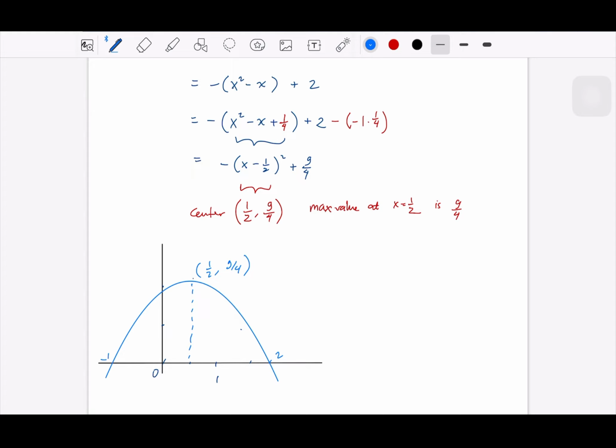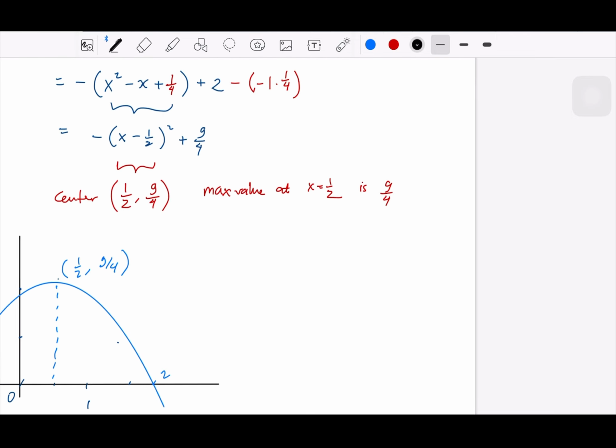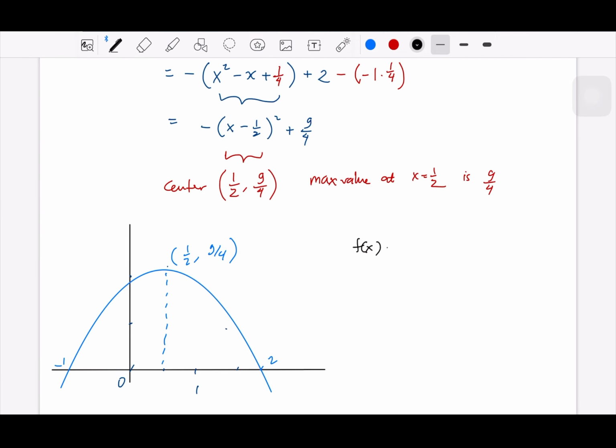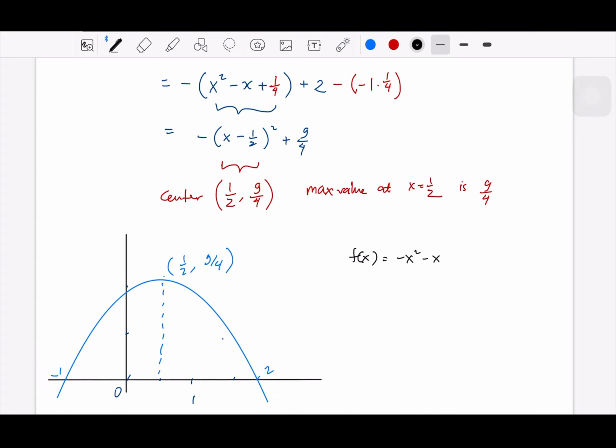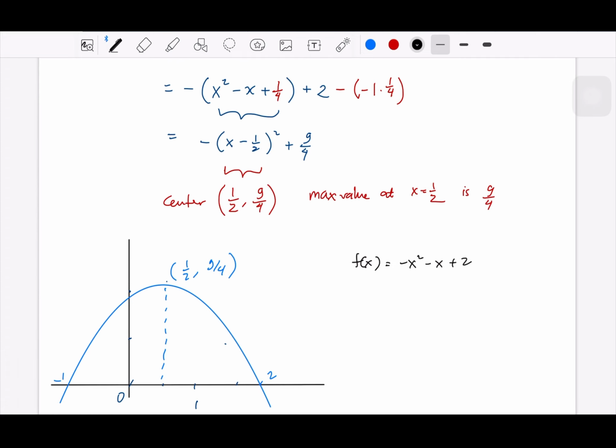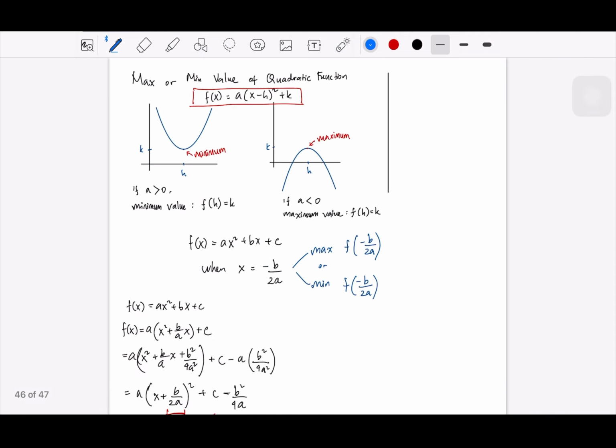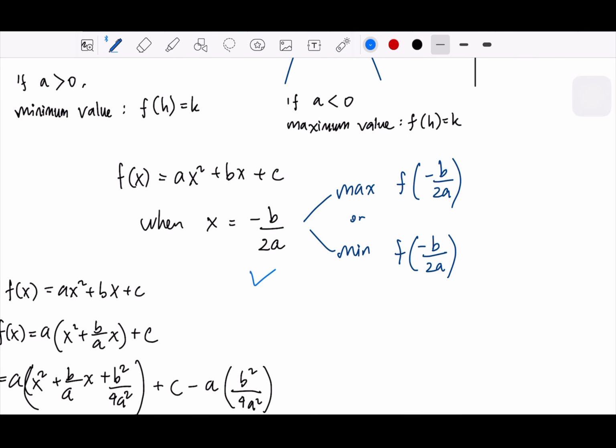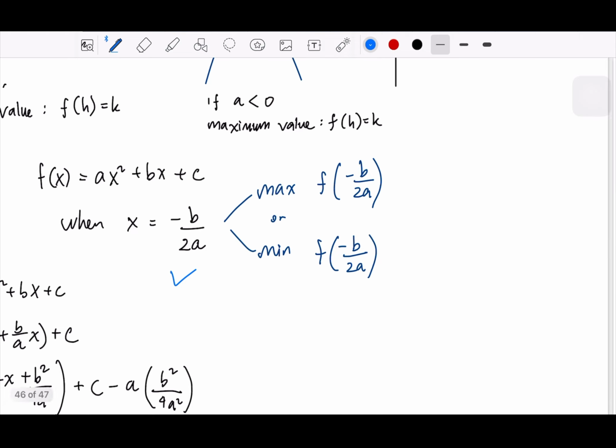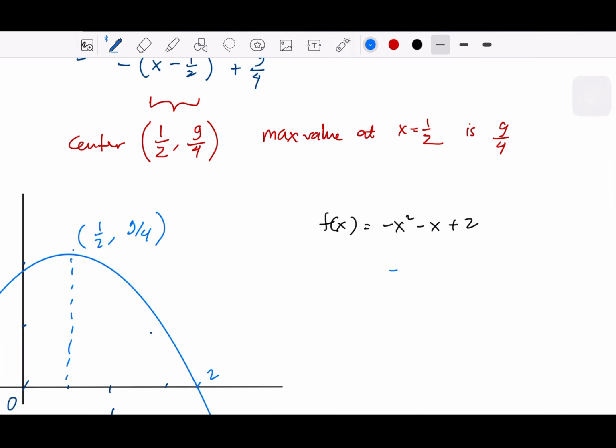We could also just look at the original function. We know from the last sections that this will be our vertex, negative b over 2a. So negative b over 2a, which is negative negative 1 over 2, so it's 1 over 2.